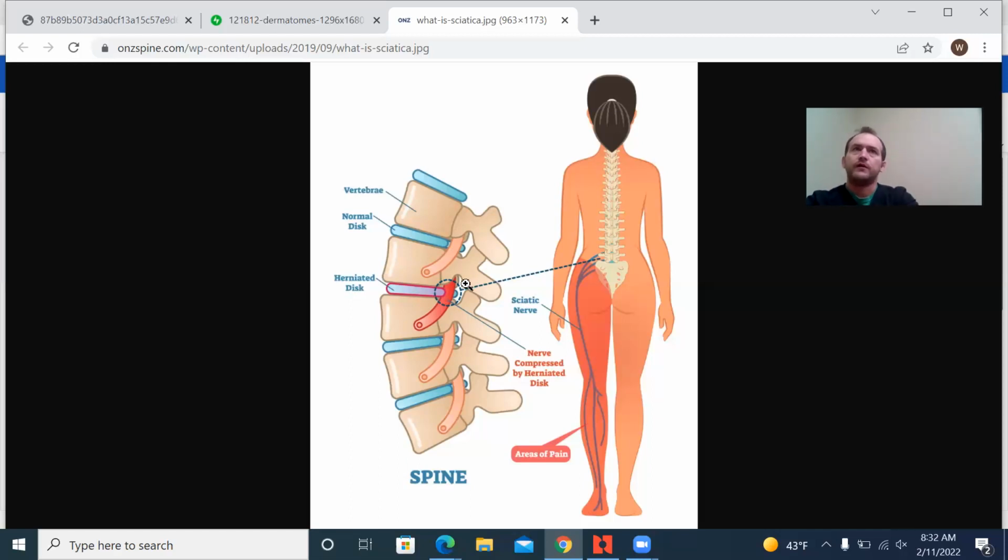And we talk about this in something called a dermatome and a myotome map. And essentially what that map is, it's a map of the body that has different areas delineated based on where the nerve root travels to and supplies.